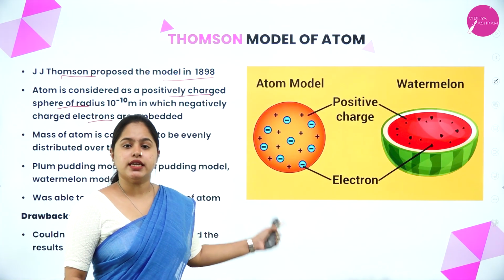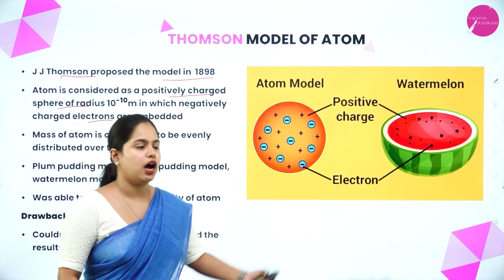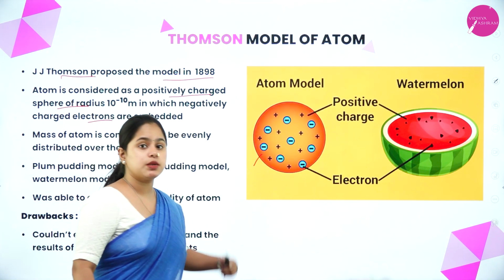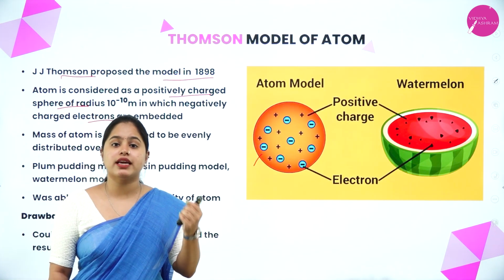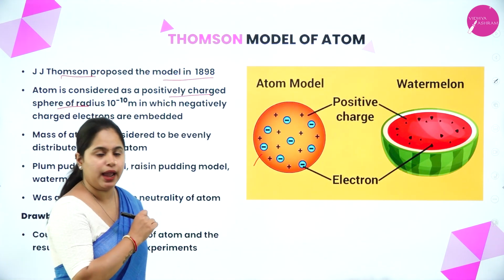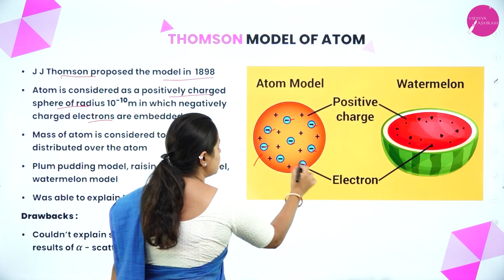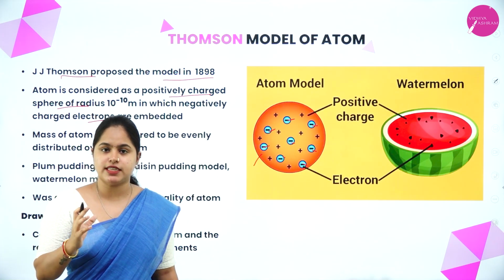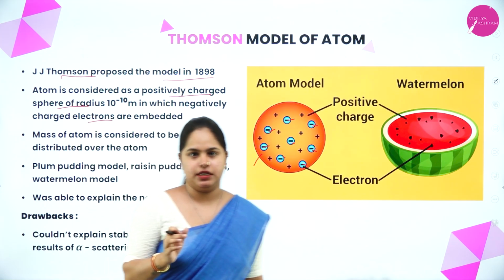As you can see here, Thomson considered the atom as a positively charged sphere in which the electrons, or negatively charged particles, are embedded. The whole of the sphere is positively charged and the negatively charged electrons are embedded in it, right?